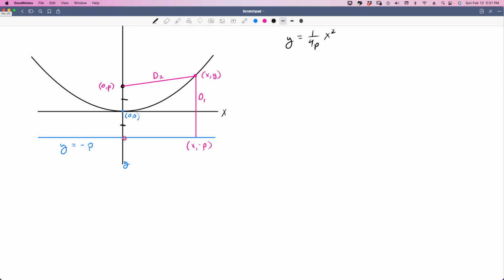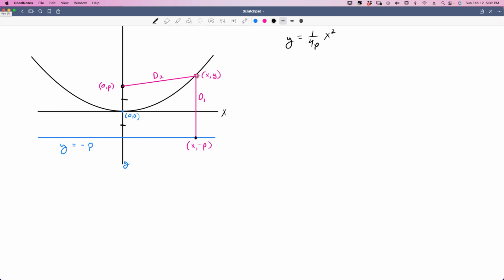So it makes sense that the y value for this point is going to be the x, negative p value. And that is the distance from the x-axis to (x, y), which is y, plus the distance from the x-axis to y equals negative p.